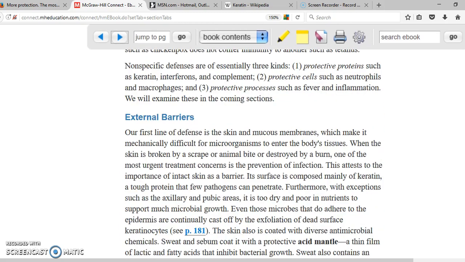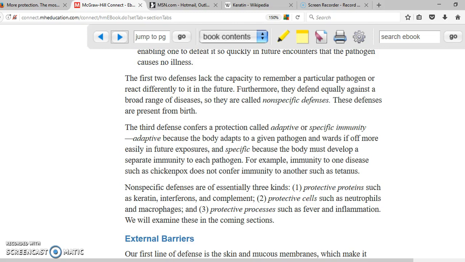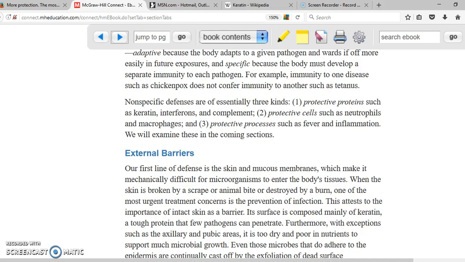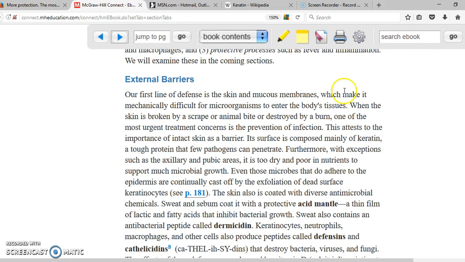So for example, we have in here external barriers. As I was saying, external barriers are going to be basically the skin as well as the mucous membranes that we have in our body. In the skin, we have the cells that contain keratin, which are going to be the keratinocytes.